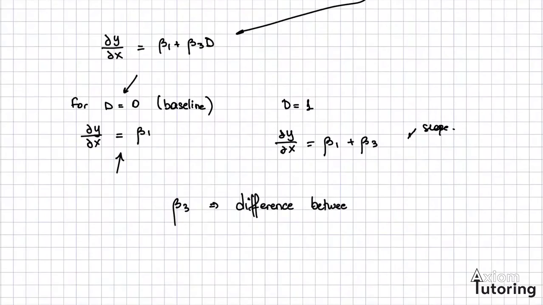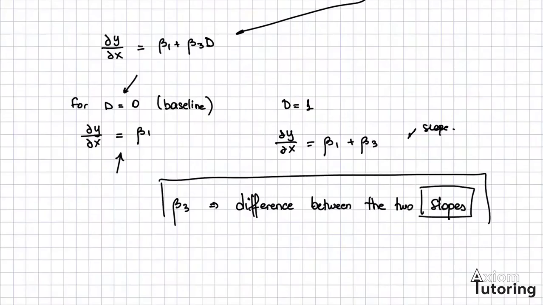And I'm going to put slopes in a box, then this entire thing in a box, because this is an extremely important result in this case, okay? So the slope of x depends on the group. Beta 3 is the difference in the slopes.